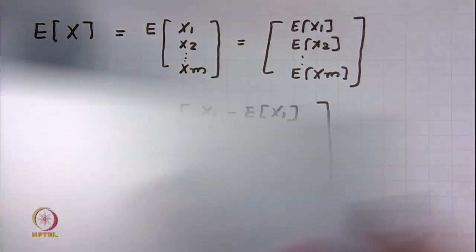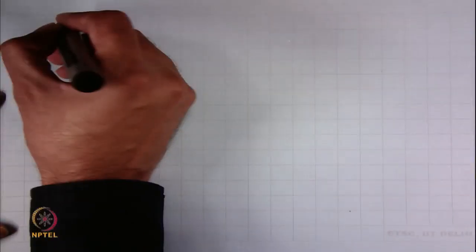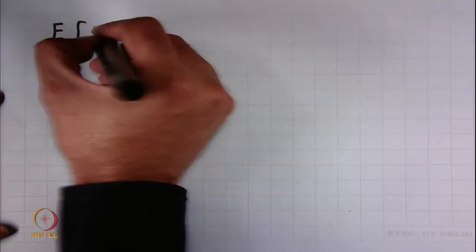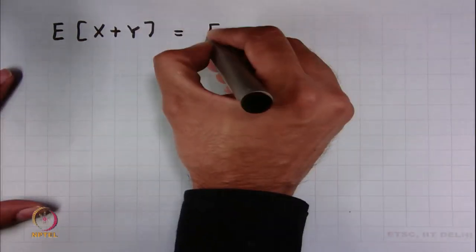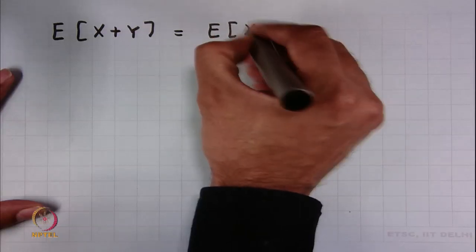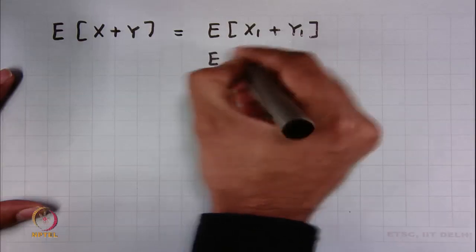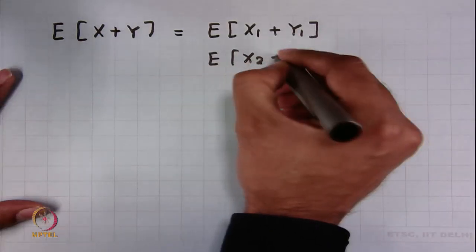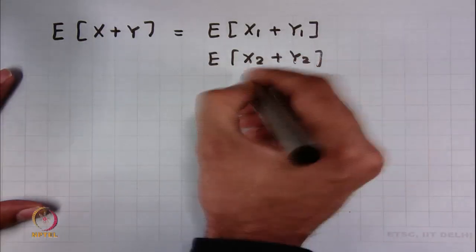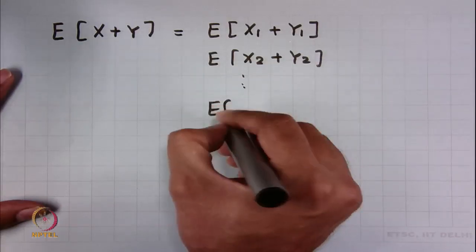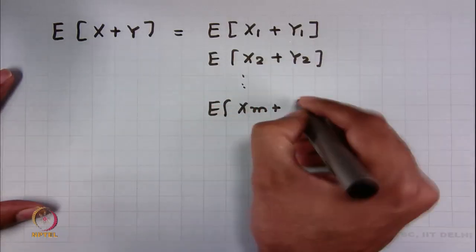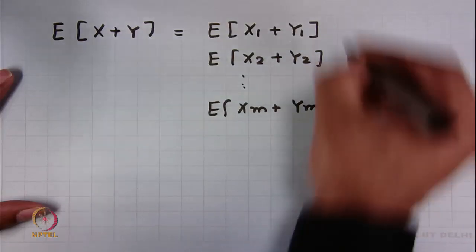Can I add two vectors? So, what is the expected value of x plus y? Remember, x and y are vectors. So, we can take the expected value also element wise. I am doing it in one step because I hope that you have understood this.